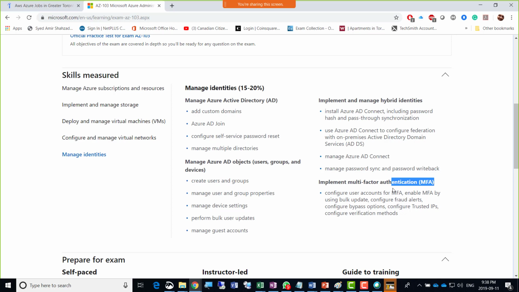In the cell phone, you will have an application, and within 30 seconds there will be numbers popping up there. So you have to write those numbers after the password that you have written. If you write that number within 30 seconds, you will be able to log in. If not, then the next number will come, then the next number. So this is multi-factor, two factors of security. We will be implementing that.